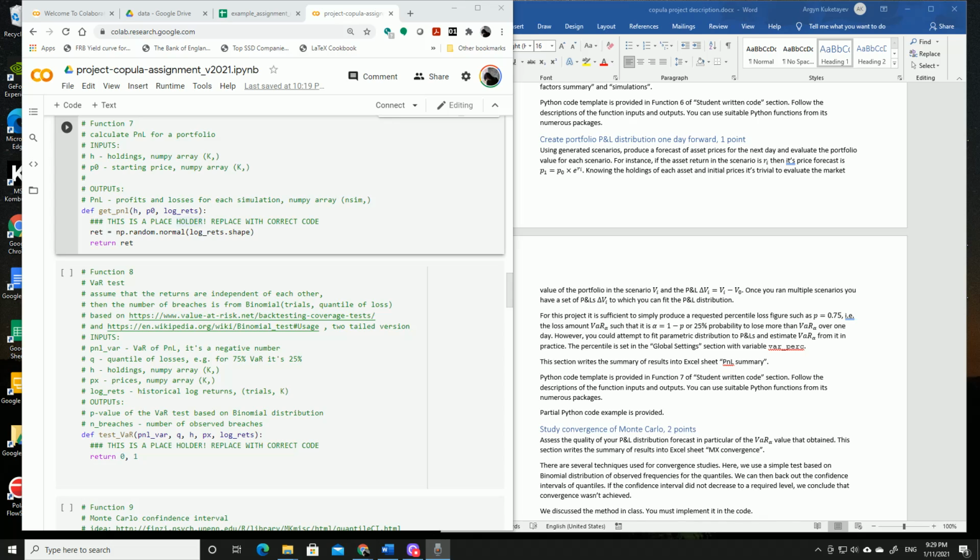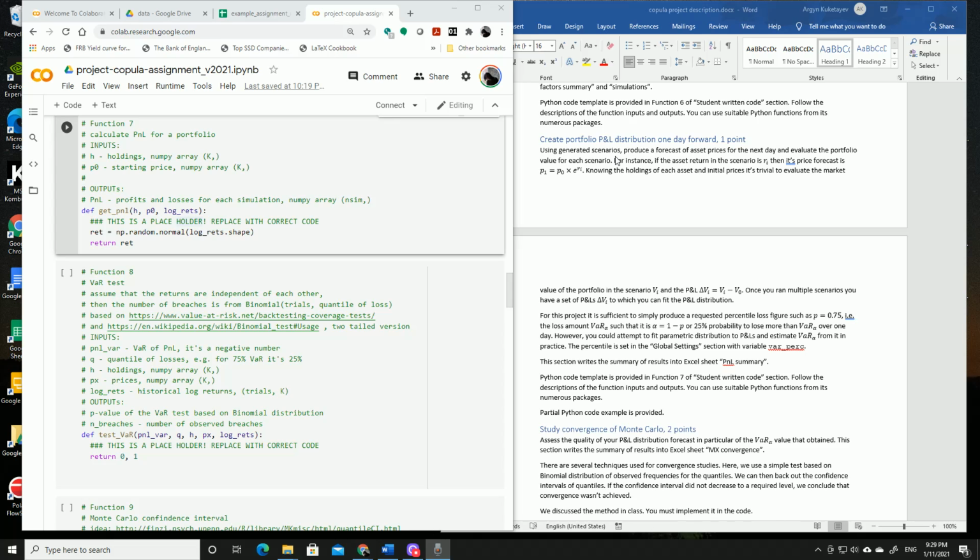In the previous step, we looked at how to calculate the P&L distribution one day forward. Since our data set was a historical data set of daily returns, we fit the copula and marginals, and we obtain the joint distribution of daily returns.